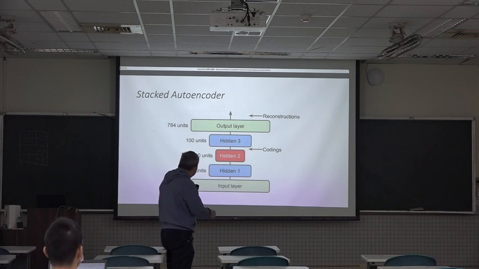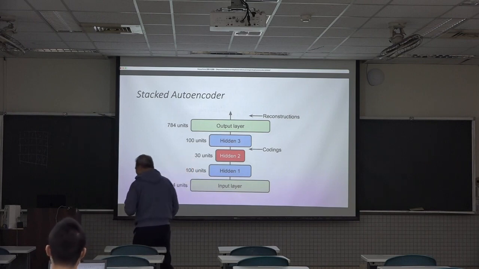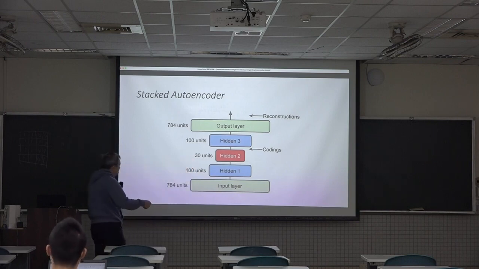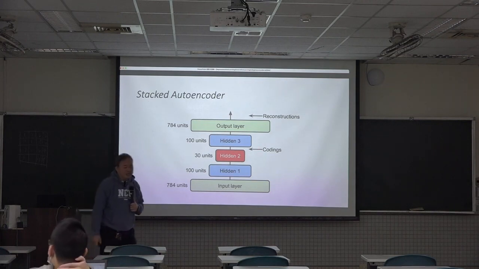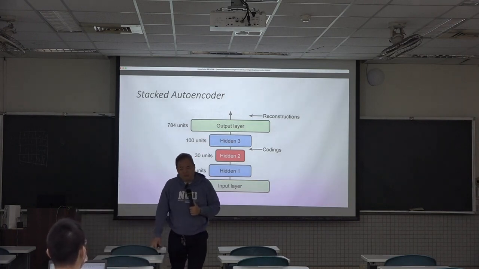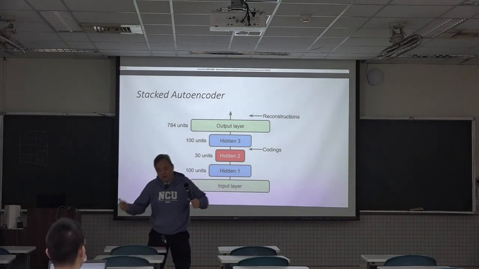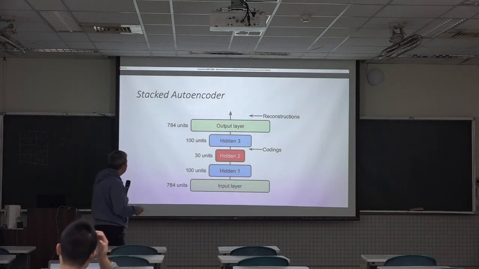This is what we call an undercomplete autoencoder. There are other cases where we have a wider coding layer than the input layer. It's possible, and in that case we call such an autoencoder an over-complete autoencoder. This is just naming; I just want to give you an idea of what that is.